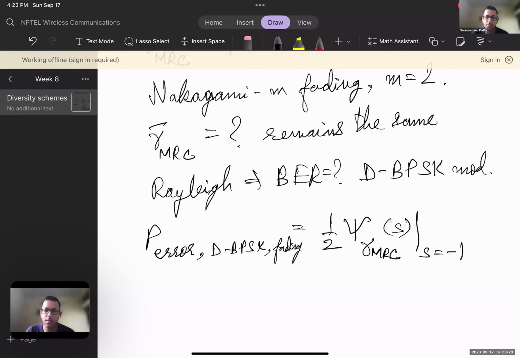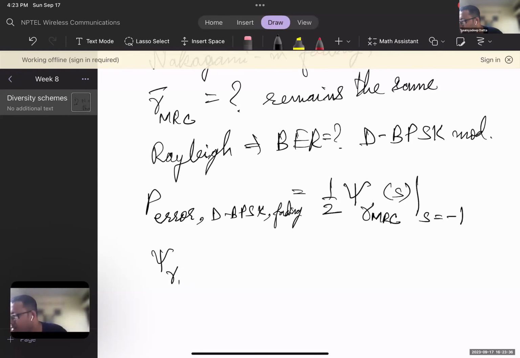I'm not getting into the derivation right now, but what is this characteristic function? This is a general formula for any random variable gamma. The characteristic function is defined as this thing.